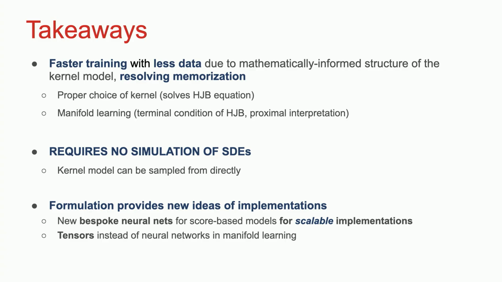So this should be something that more directly tackles the intrinsic dimension of the data and tries to learn this local covariance from there.